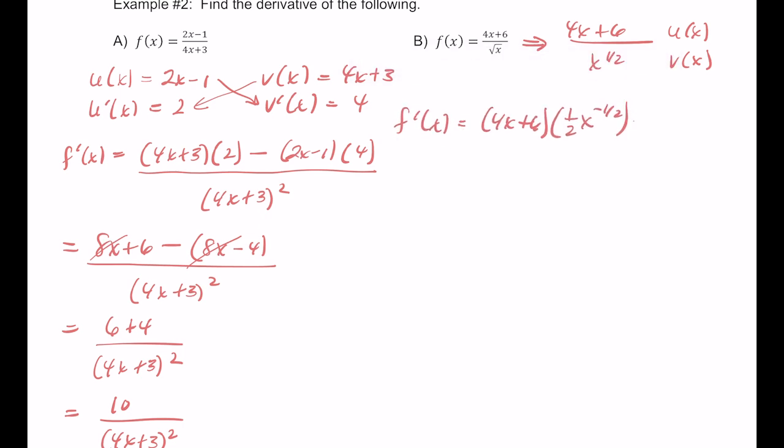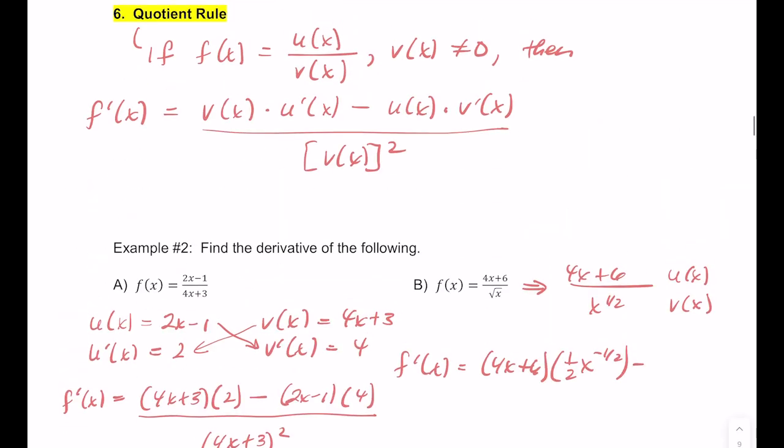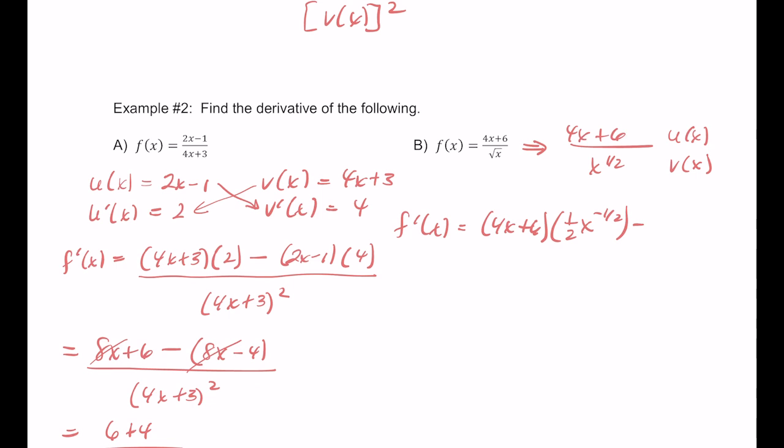And then I'm going to subtract v of x, or u of x rather, so it should be v of x times u prime of x. Oops, okay, I have this backwards. So it's v of x, which is x to the 1/2, times u prime of x.